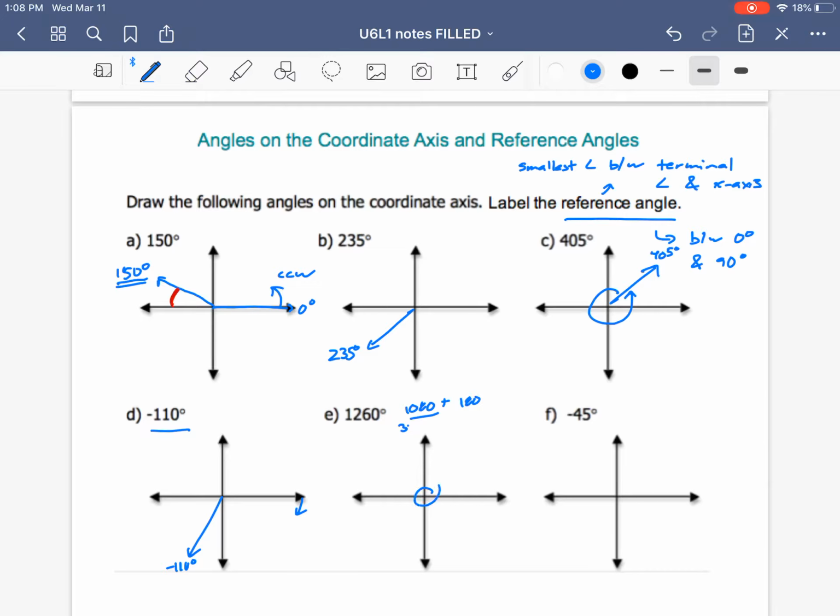So if I go 1, 2, 3, and then another 180, that right there is 1260. Wow, that's a lot of rotation. And negative 45 degrees is right here. Negative 45 degrees.